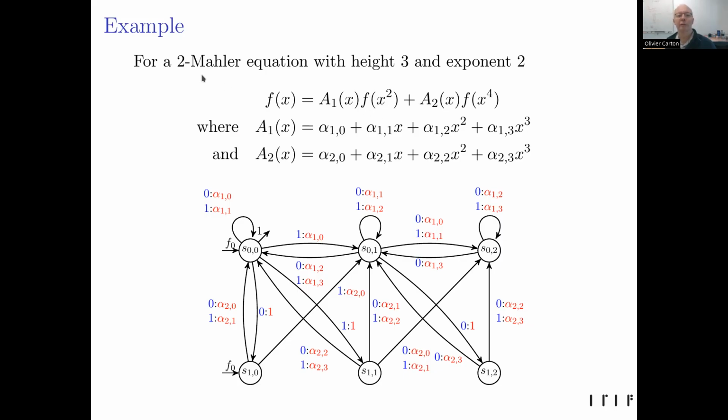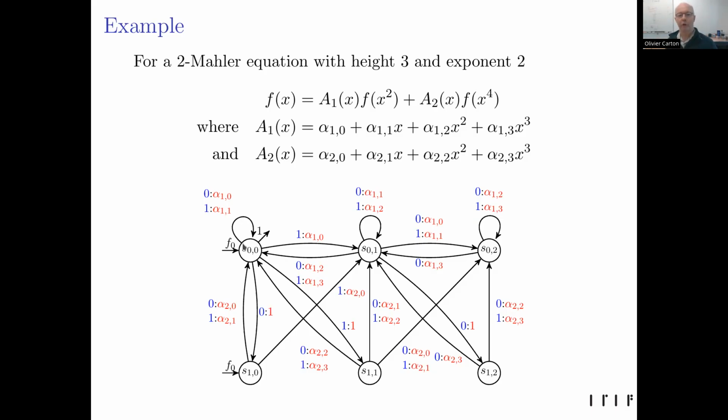Here we are in base 2, we use two Mahler equations, so Q is 2, and phi f of x to the 4. Then I have drawn only a finite part of this universal automaton, but you have to imagine that we have infinitely many lines and infinitely many columns. So it is more or less like a grid of states.